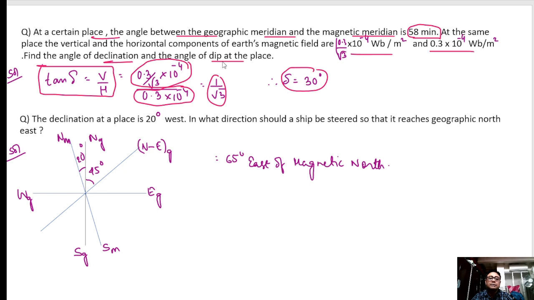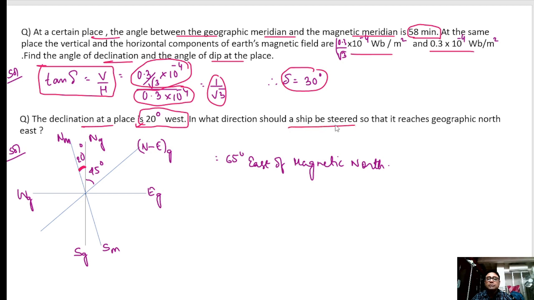Angle of declination is given to us. The declination at a place is 20 degree west, towards the west side. So you can see this is the magnetic north pole inclined 20 degree towards the west. This is the angle of declination.